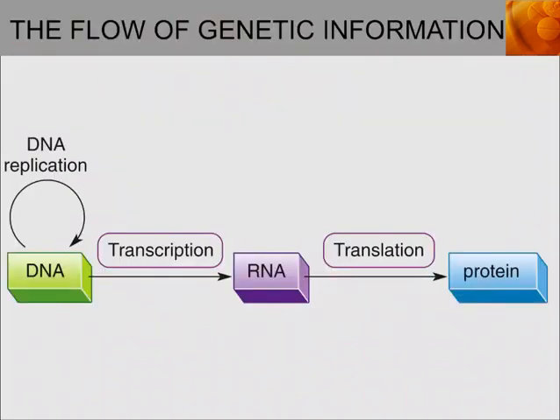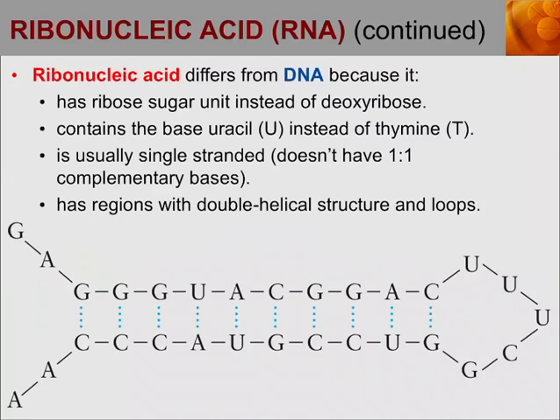Okay, so now that we've talked about DNA replication, let's go into the structure of RNA briefly. Remember, RNA stands for ribonucleic acid. And we said previously that ribonucleic acid, or RNA, differs from DNA because it uses ribose sugar instead of deoxyribose.